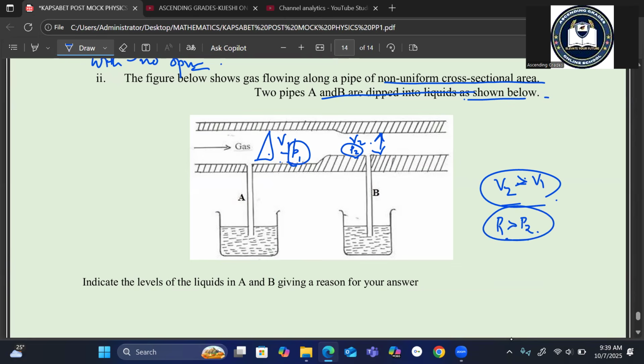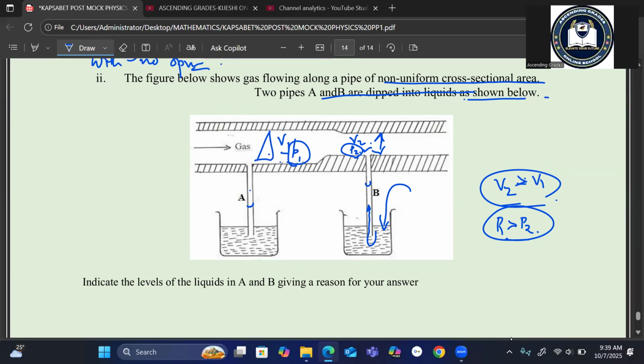So since we have a lower pressure here, the atmospheric pressure will force the liquid to move to a greater height column in B. Therefore, we can have that as the level in B, and we slightly draw a lower one in A.